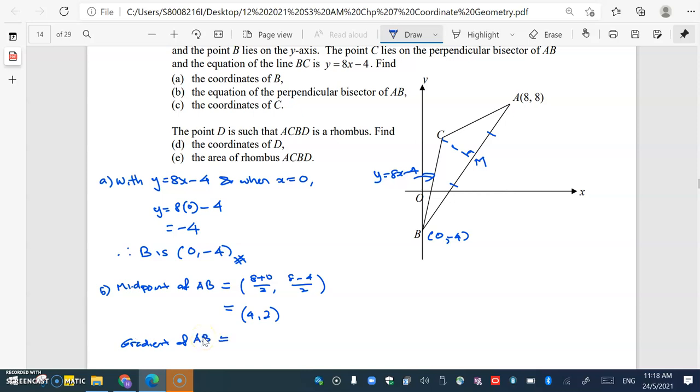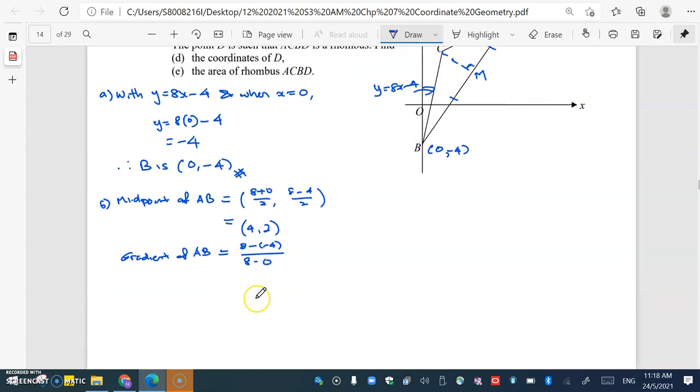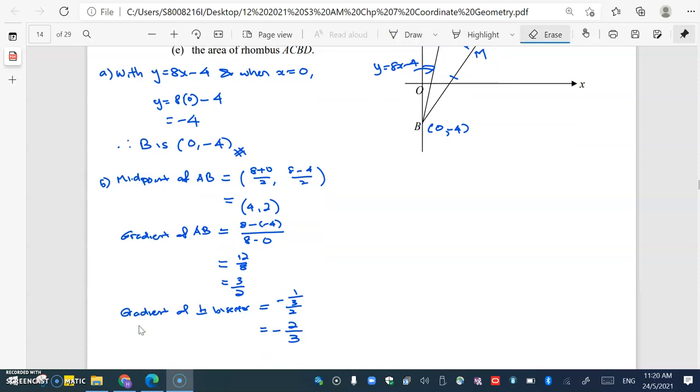Gradient of AB, we know, is (y1 minus y2) over (x1 minus x2). This will give us 12 over 8, which we can reduce to 3 over 2. Therefore, the gradient of the perpendicular bisector is negative 1 over 3/2, which is negative 2/3. Knowing that, let's form the equation.